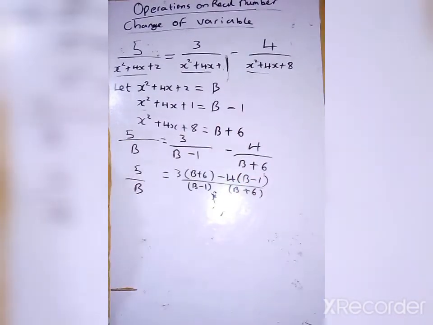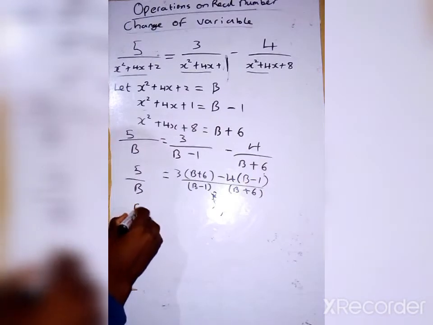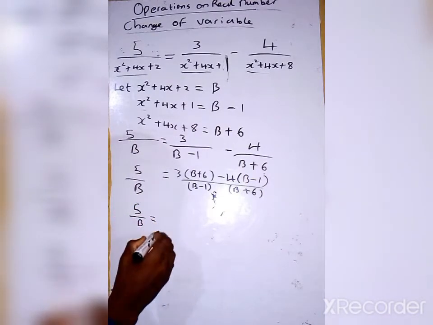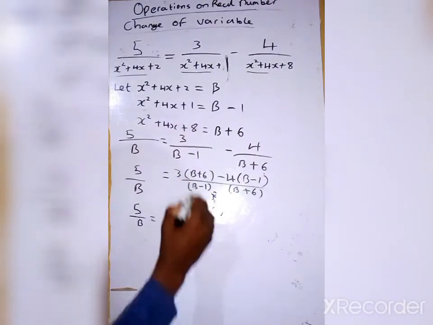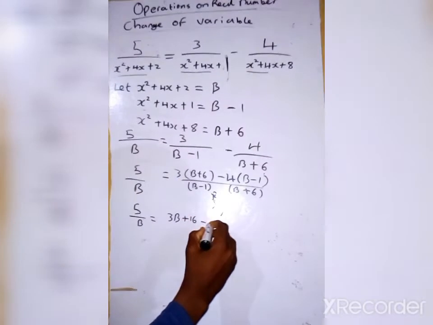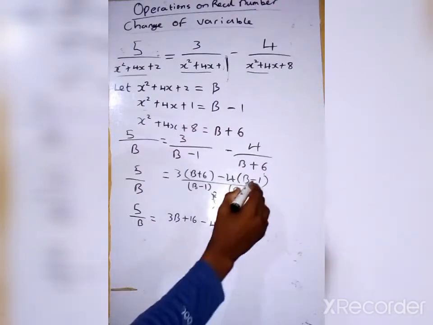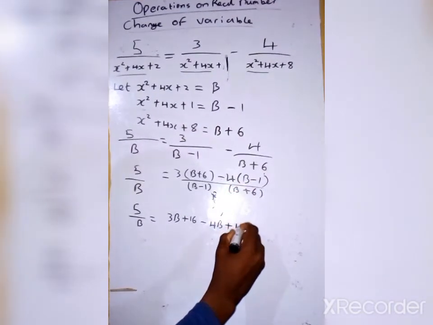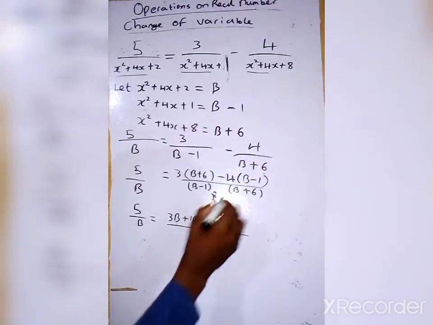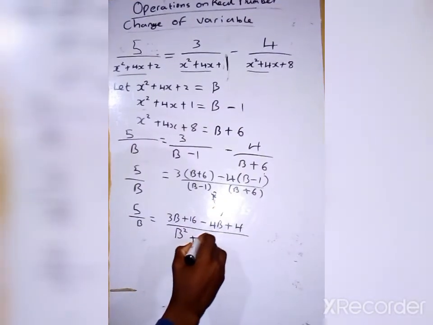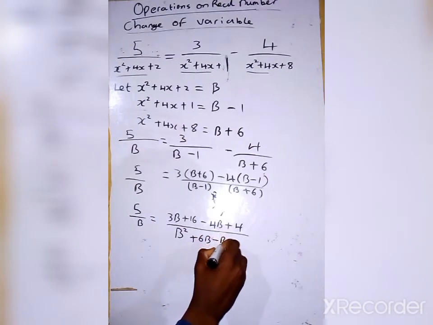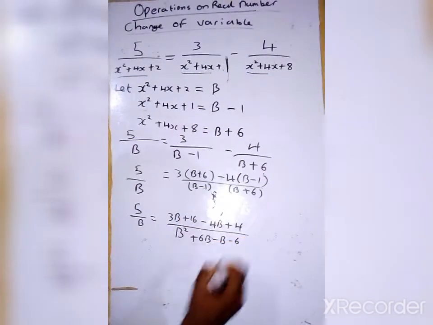Now the next thing is that we have 5 over b, which will be equal to 3b plus 18 minus 4b plus 4, over b squared plus 6b minus b minus 6.